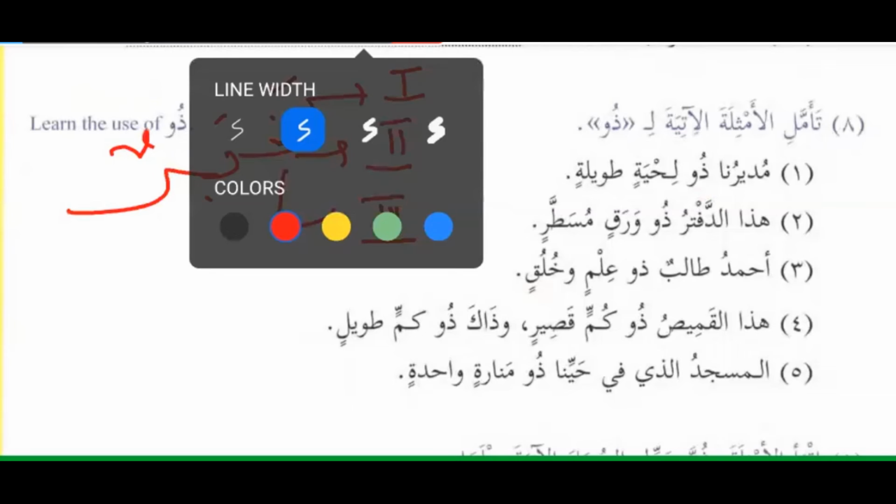Is it khabar number 1, khabar number 2, or khabar number 3? Zu lihyatin. Tayyib. This zu lihyatin is khabar. So what type of khabar? Is it mufrad, shibi jumla, or jumla?